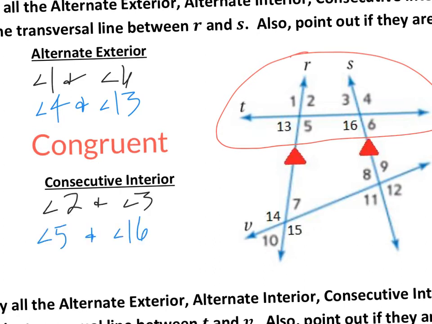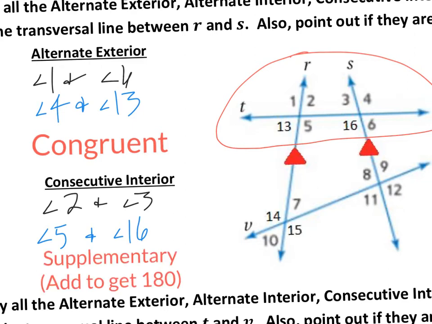And then by definition, all consecutive interior angles are supplementary. And remember, supplementary means they add to get 180. So again, if you call them same side interior angles, that's kind of easy to remember that they're supplementary because you say same side are supplementary, all those S's. So yeah, just thought I'd point that out.